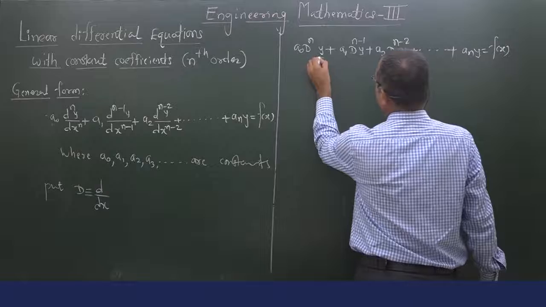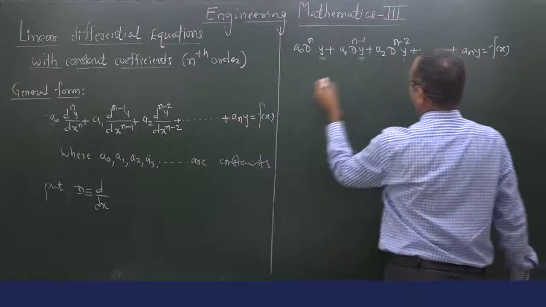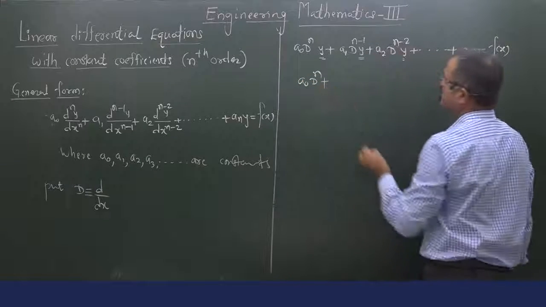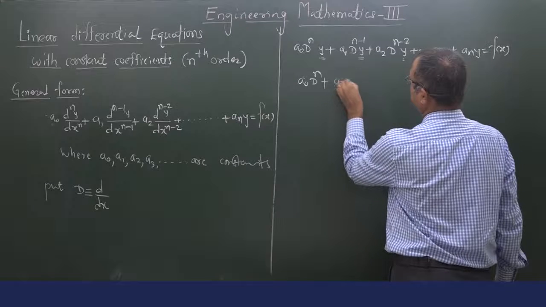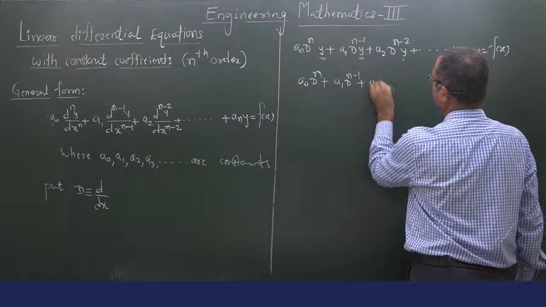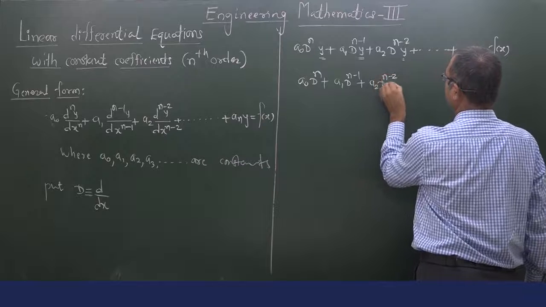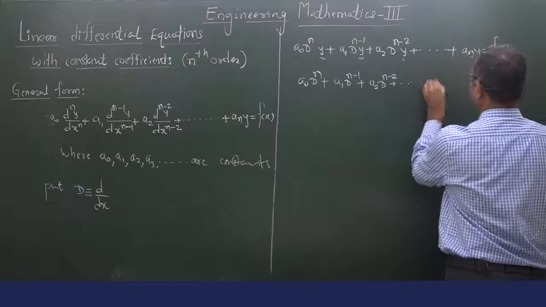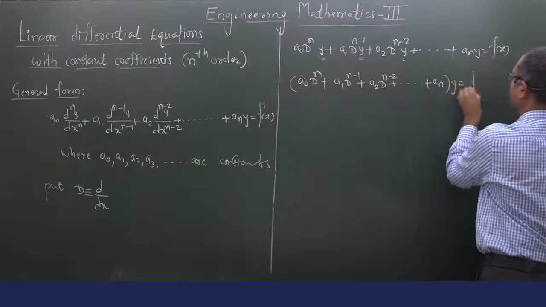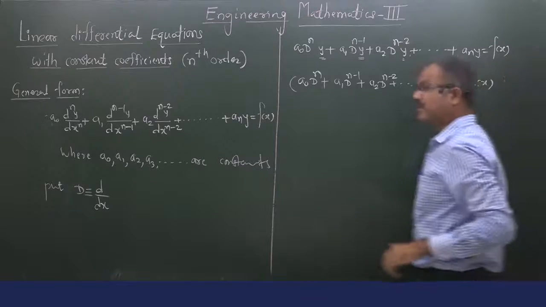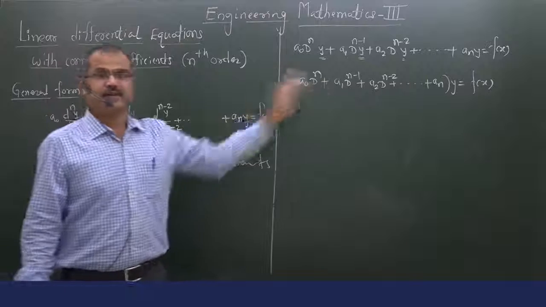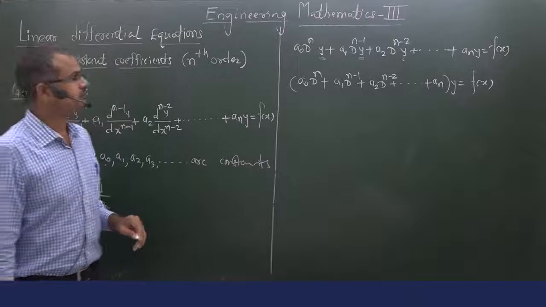If I am taking y outside, it becomes a0 D raised to n plus a1 D raised to n minus 1 plus a2 D raised to n minus 2 plus an, into y, is equal to function of x. I am reducing the differential equation in terms of capital D differential coefficients.